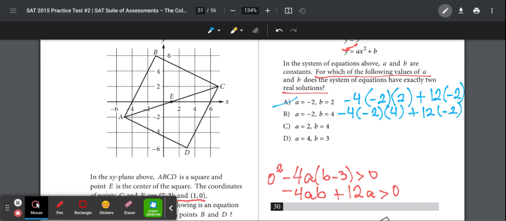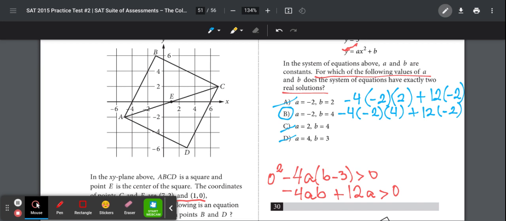So B is a positive number, and I'm going to select this as my answer. I am not going to check C and D because I know I have only one correct answer, but if you do make the substitutions there for the corresponding values in C and D, you will find out that all of them produce a negative expression, so there are not going to be a solution.